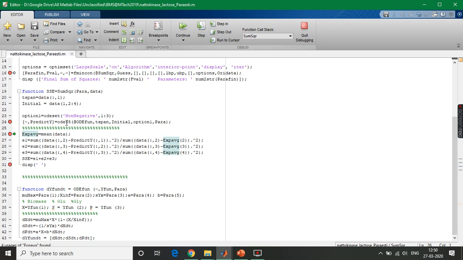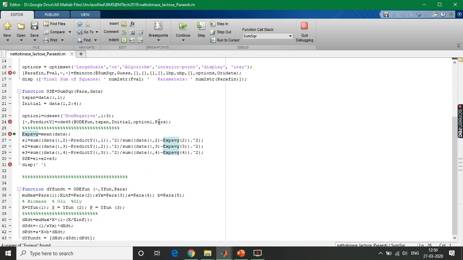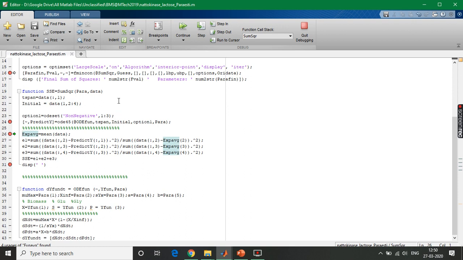Once the whole time point values have been solved, I'll get the predicted values. These predicted values are based on the guess value of the parameters we already have; based on this we are trying to find out what should be the predicted Y values of biomass, substrate and product. But you already know what the actual values are, because actual values are our data.